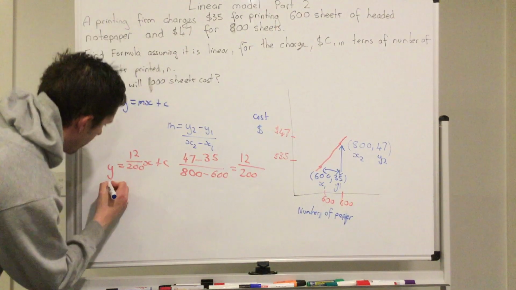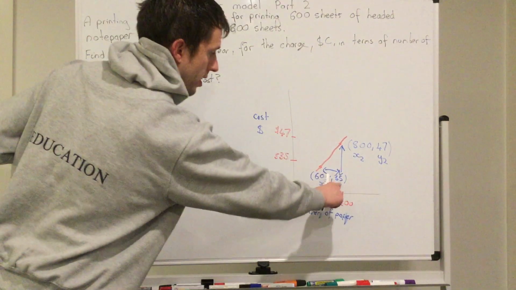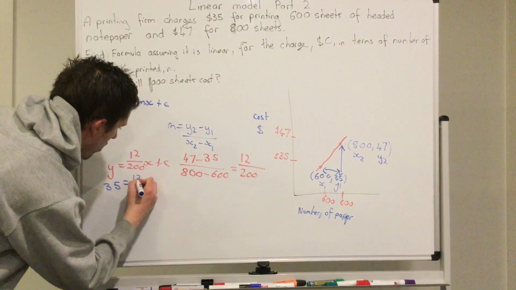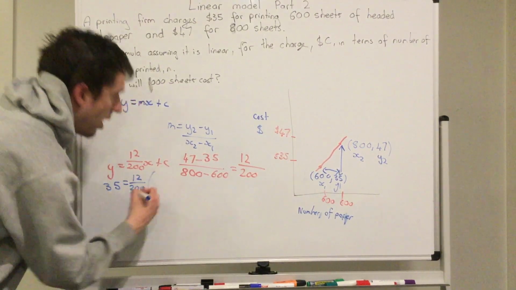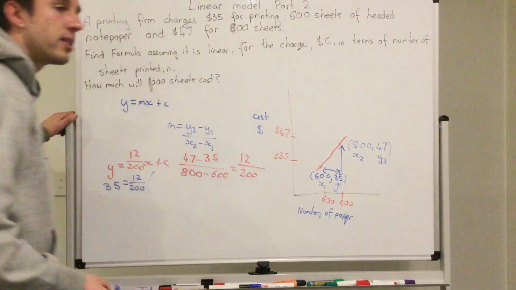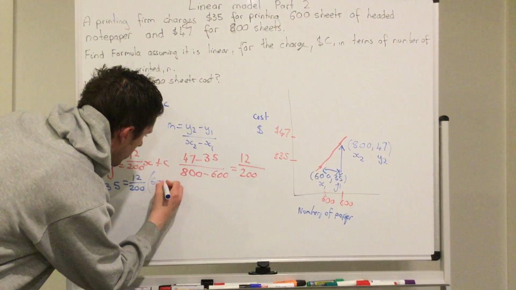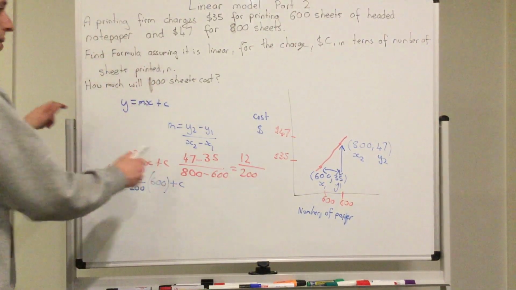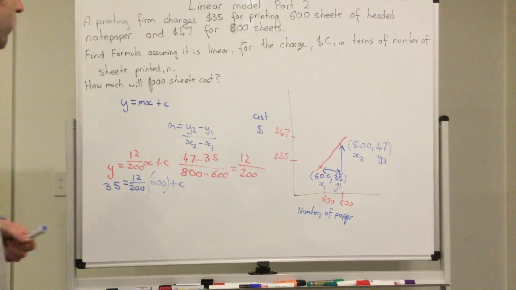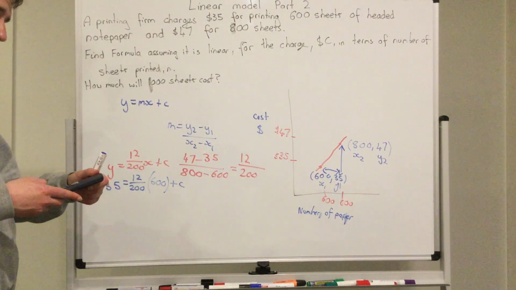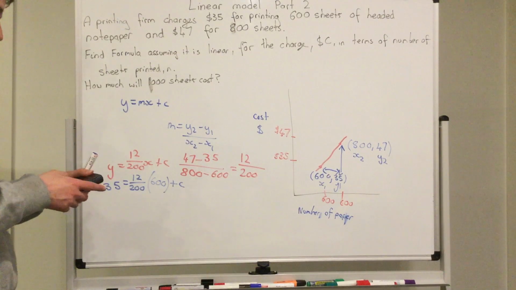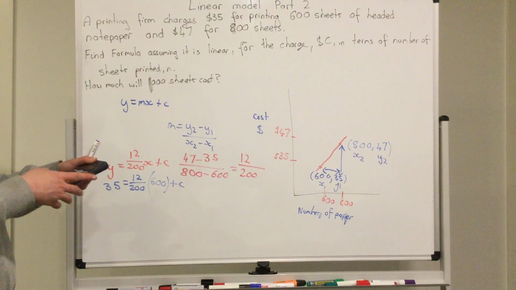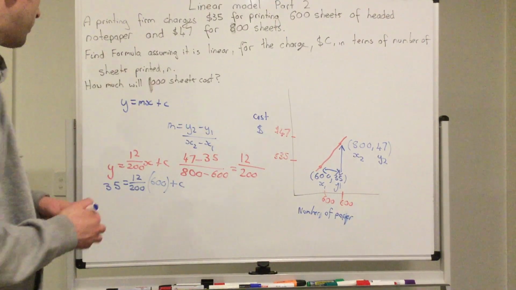So I've got y is going to be 35, equals 12 over 200 times x. X is 600, plus c. So I'm just substituting it in. Now I can solve that. So I've got 12 divided by 200 times 600, which equals 36.